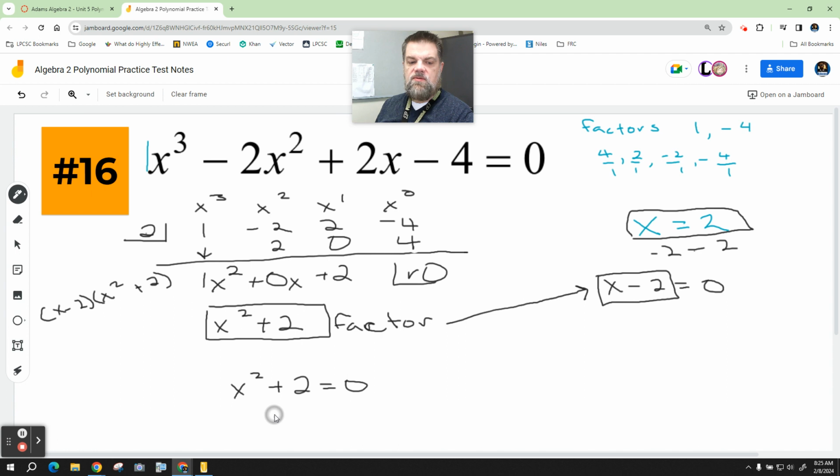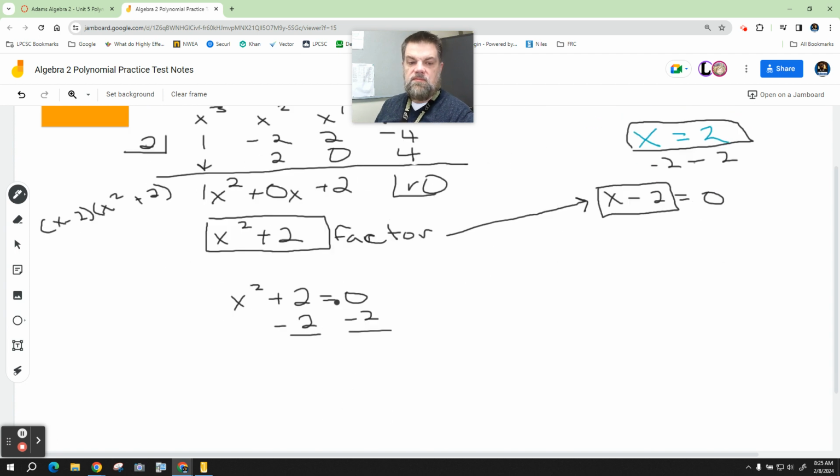So if I set this equal to 0, I subtract 2 from both sides. Okay? And then I get x squared equals negative 2. Remember the last problem I said sometimes it doesn't cross the x-axis, but you have a solution. I take the square root of this. That gives me x. Remember, whatever I do on one side, I have to do to the other. Can I take the square root of a negative number?